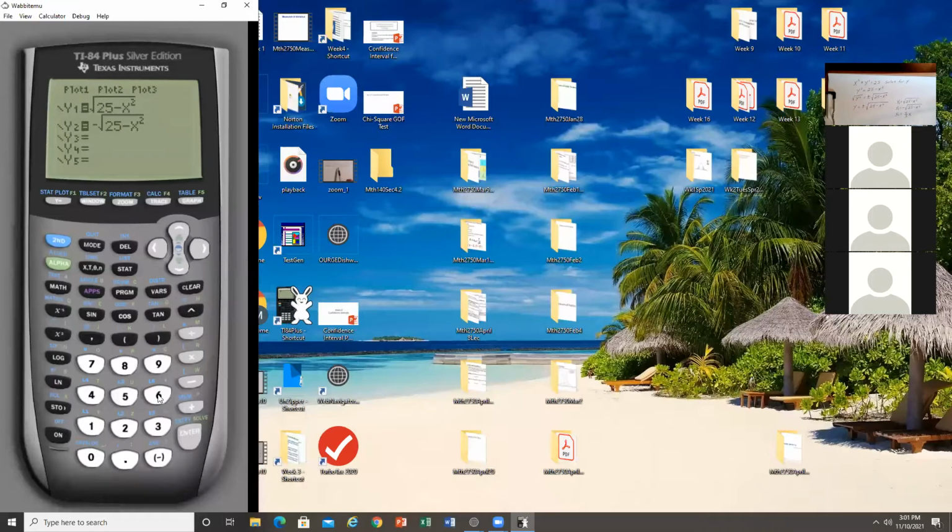Everybody see that there? Okay. And then for y3, I'm going to type in the linear equation, which was y equal to 4/3 times x. Now when you hit graph, you should see the graph of a circle and a line.